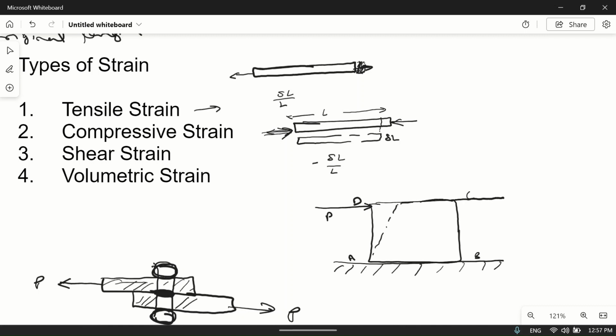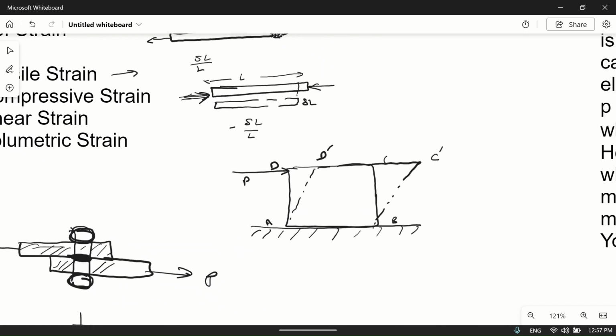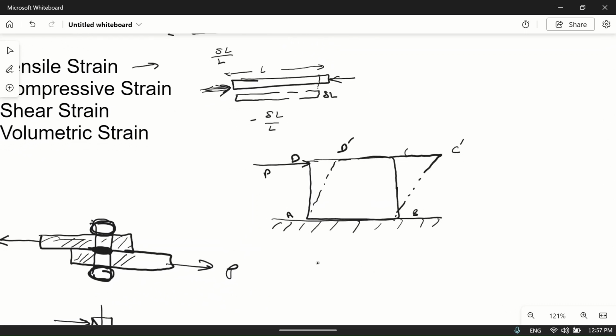Suppose it is bending like this and it is becoming D dash and C dash. Then shear strain, Es, will become CC dash divided by BC. Or suppose this is angle phi, then it will be equal to tan phi.